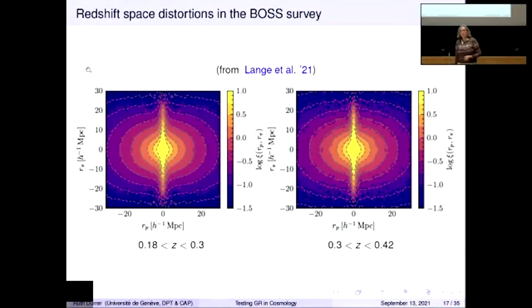So here I just show you one very physically intuitive term, which is this redshift space distortion, which has been measured. This is from the BOSS survey. You see a squashing on large scales and an elongation on small scales. This elongation is what people call fingers of God. They were discovered in the 80s or 90s already. And this squashing is the linear perturbation theory term, which comes from the fact that if you observe objects behind an overdensity, they fall into this overdensity.